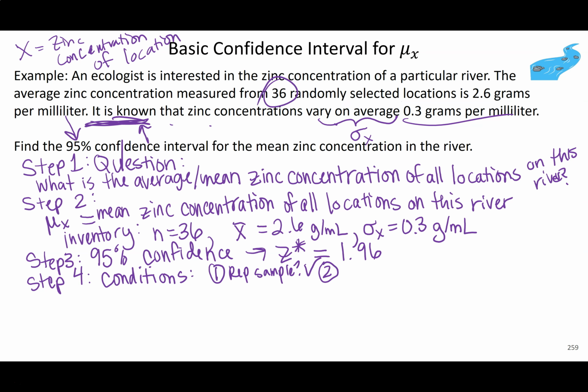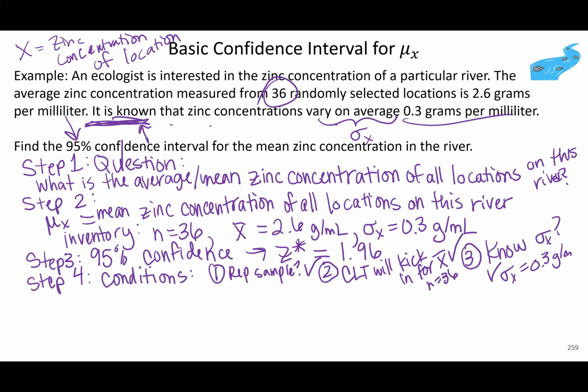My sample size is 36, higher than 30, so the central limit theorem will kick in for the sampling distribution of X bar, because n is 36. And 3, do we know sigma? Yes, sigma is that 0.3 grams per milliliter. So I've met all my conditions. Sorry, I know it's getting a little scrunched up in here. Ideally, I would have spread this out over at least one or two more slides.